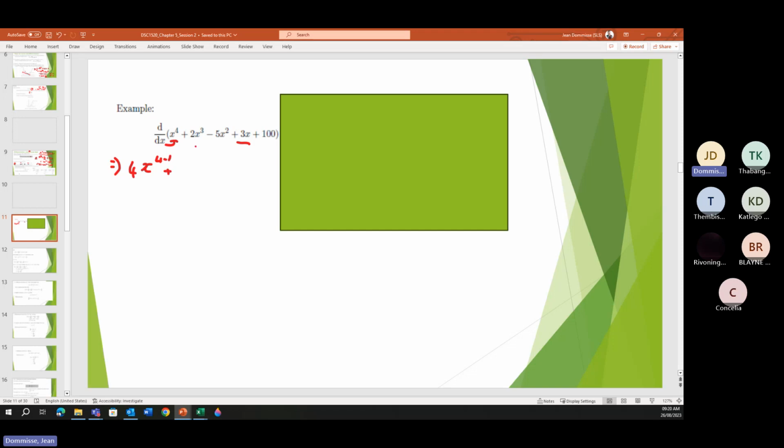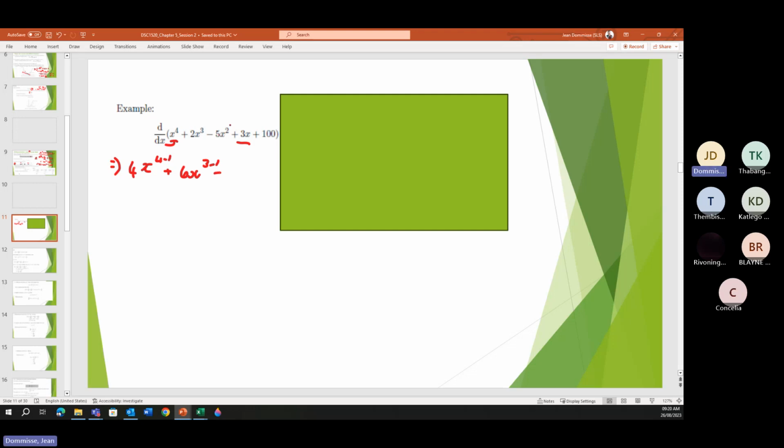Then the next term that we look at, 2x to the power of 3. So bring the 3 in front. 3 times 2 is 6. x to the power of 3 minus 1.